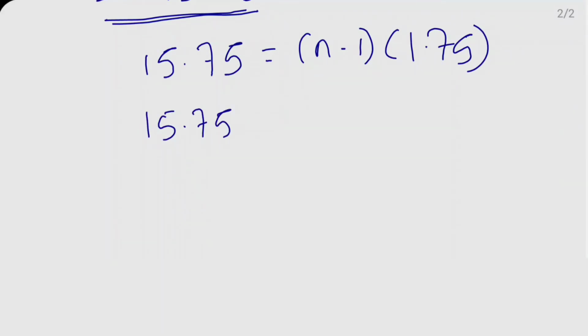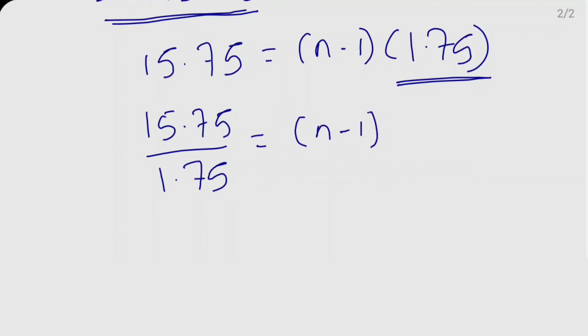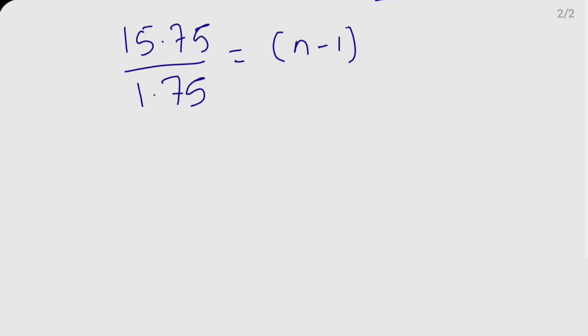So now here 15.75 as it is, and this 1.75 comes to the LHS side, it becomes a division. So 15.75 divided by 1.75, and this equals n minus 1 as it is. So now remove the points. Here we got 1575 divided by 175.